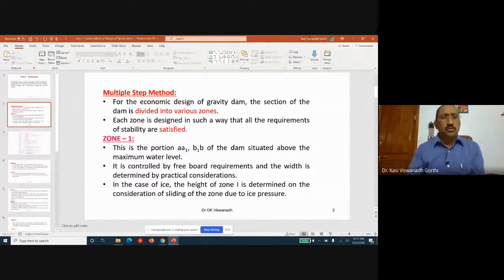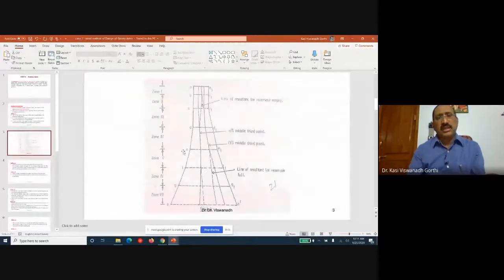So, what are these zones? How is it divided into various zones? Let us see. If this is a typical section of a gravity dam having the downstream batter or slope and upstream batter, and you have a freeboard, also you have top road width, road carriageway, if everything is available, this is the typical section of a gravity dam.